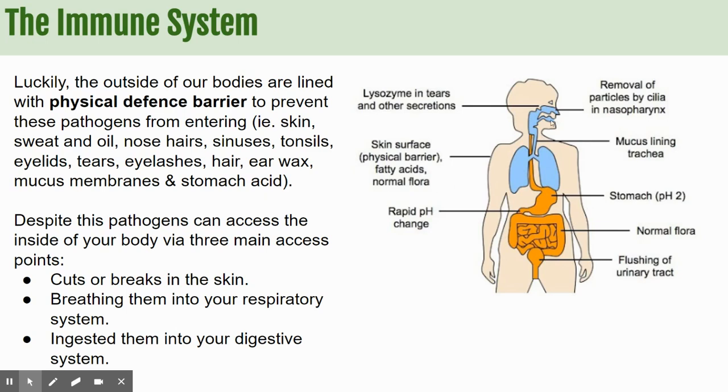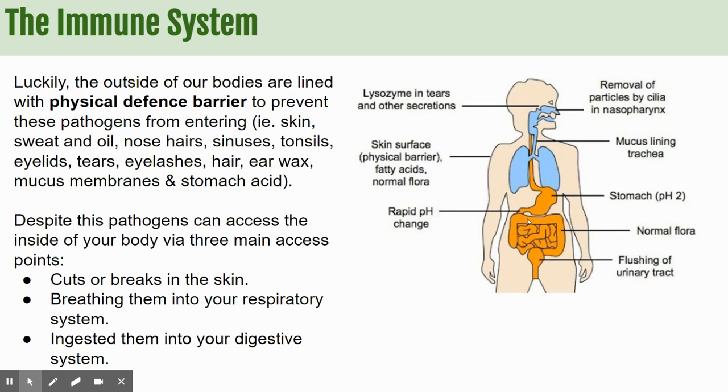So if things do go in through your respiratory system or through your mouth, if it's going through your mouth, it hits your stomach, which has a really low acidic pH, which can kill most things. We have normal flora, which is normal bacteria that's hanging out in our guts, and it's really happy there and it's made itself at home.